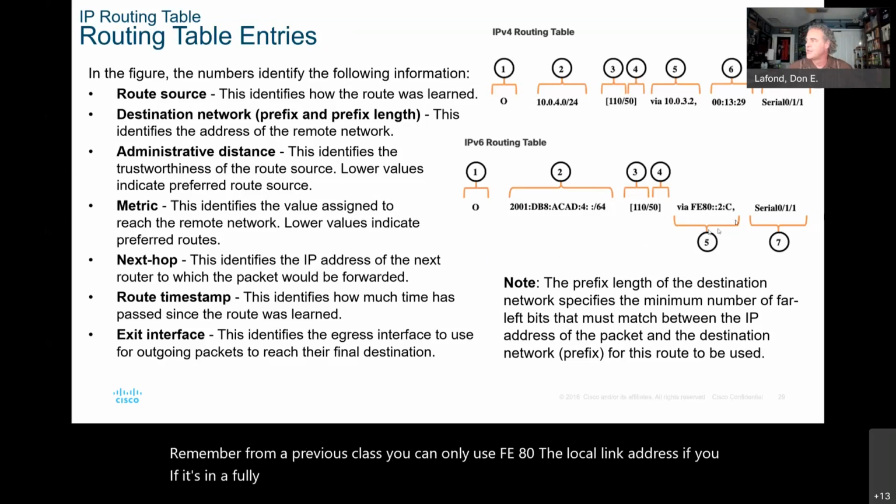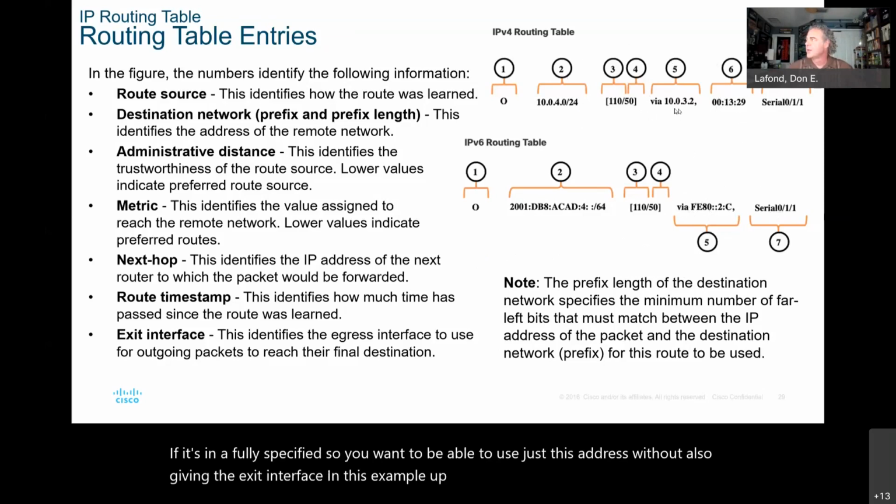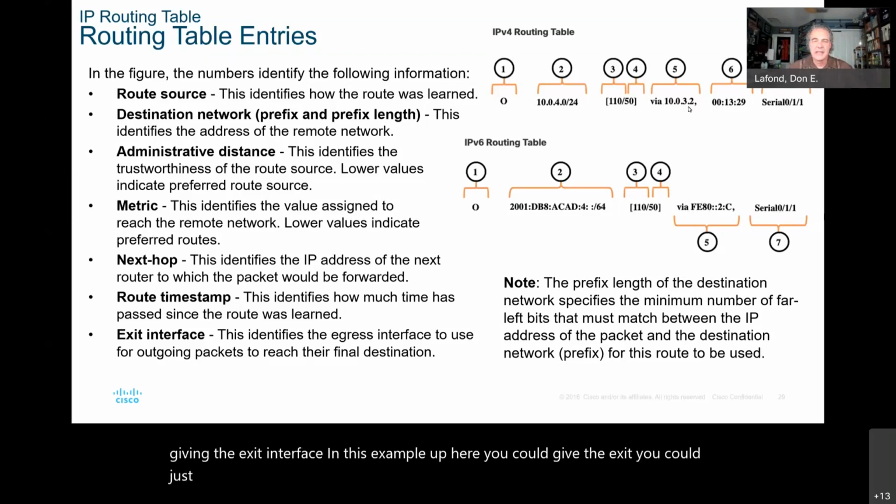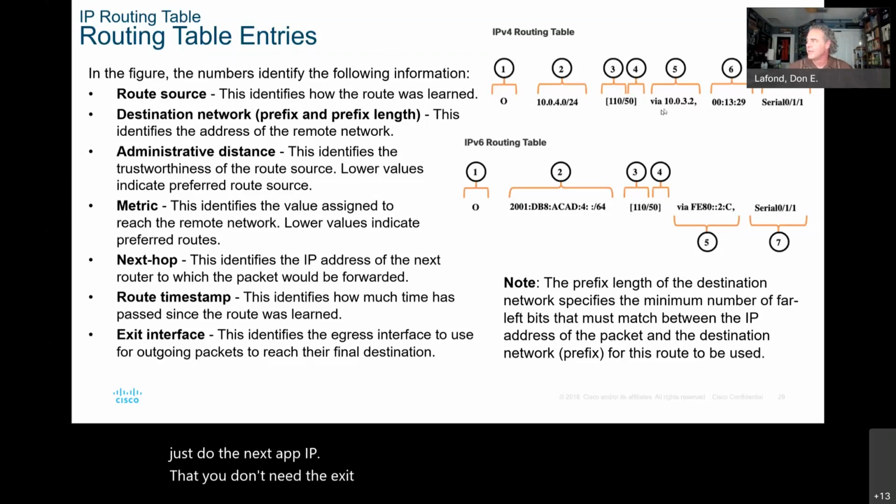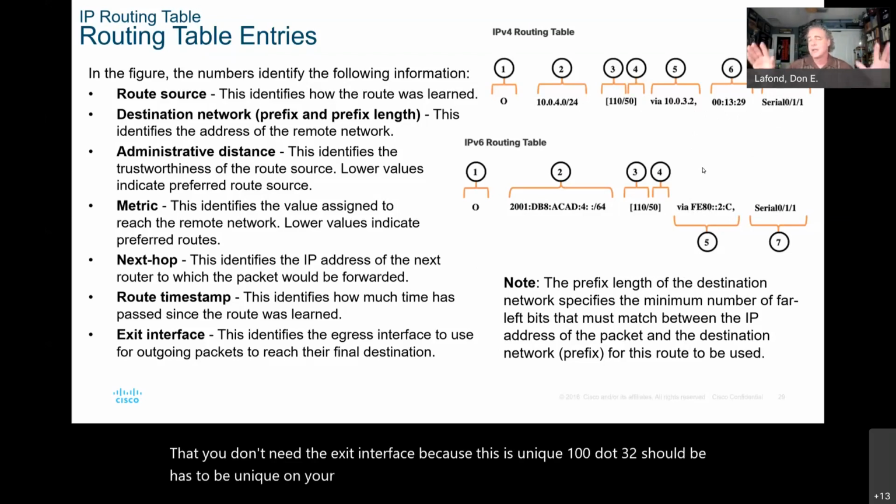So you want to be able to use just this address without also giving the exit interface. In this example up here, you could just do the next hop IP. You don't need the exit interface because this is unique. 10.0.3.2 has to be unique on your private network. Not unique in the world, but on your private network, it is unique.